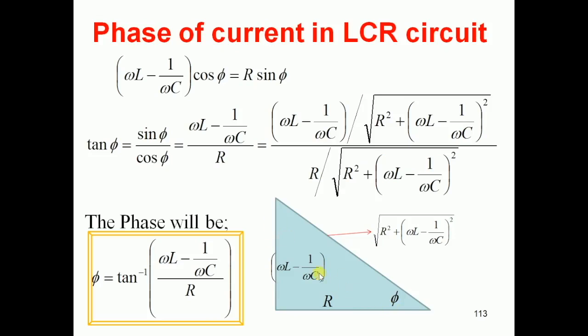So sine of phi will deliver this kind of quantity, that is front side upon hypotenuse, and cos phi will be adjacent side upon hypotenuse, and here this phi is phase difference.